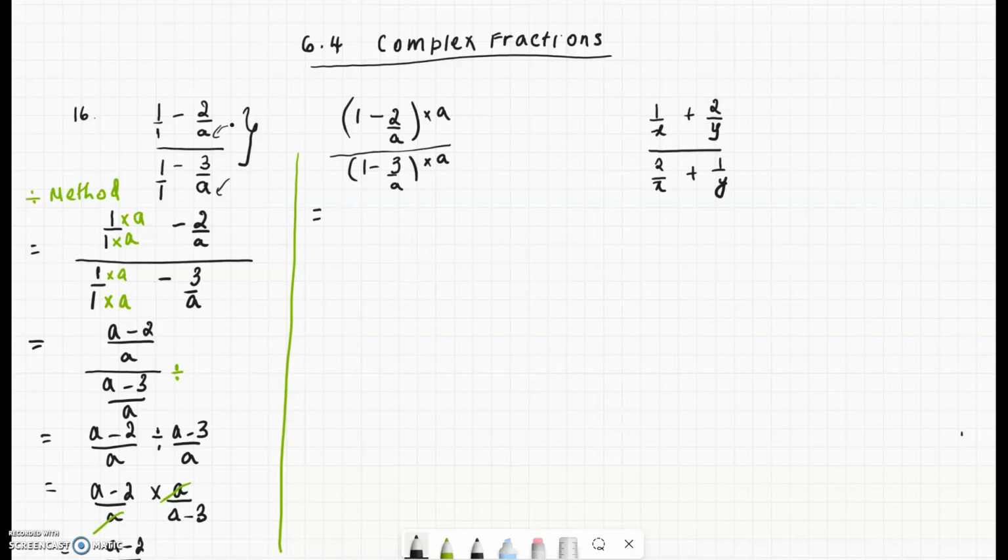So a is the LCD of all the denominators in every rational expression. So use the distributive property. 1 times a is a minus 2 over a times a, the whole divided by a times 1 is a minus 3 over a times a.